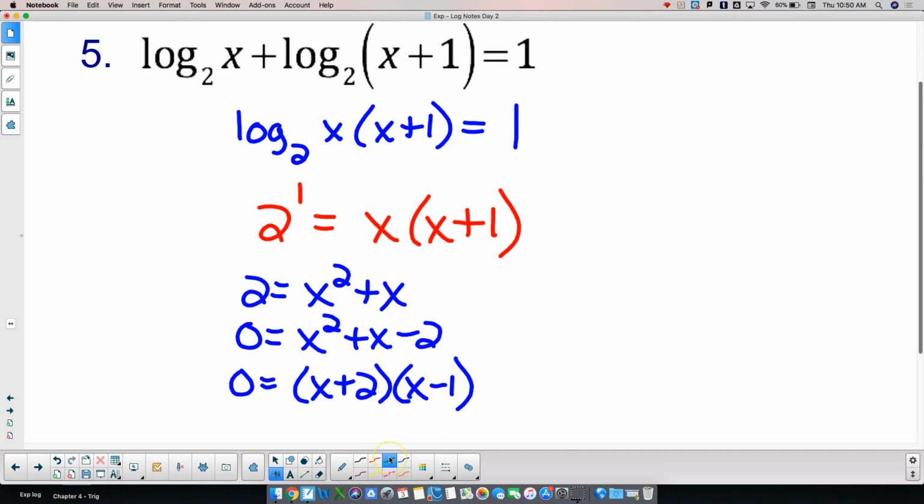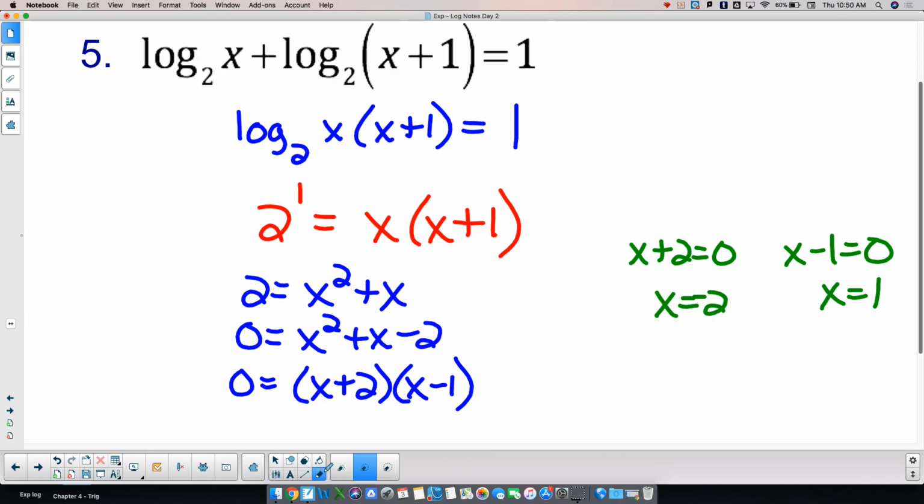That means x plus 2 would equal 0 and x minus 1 would equal 0, giving me x is 1 and x is negative 2. If I plug negative 2 back into here, that gives me a negative argument, which is bad. So therefore, that one can't happen.